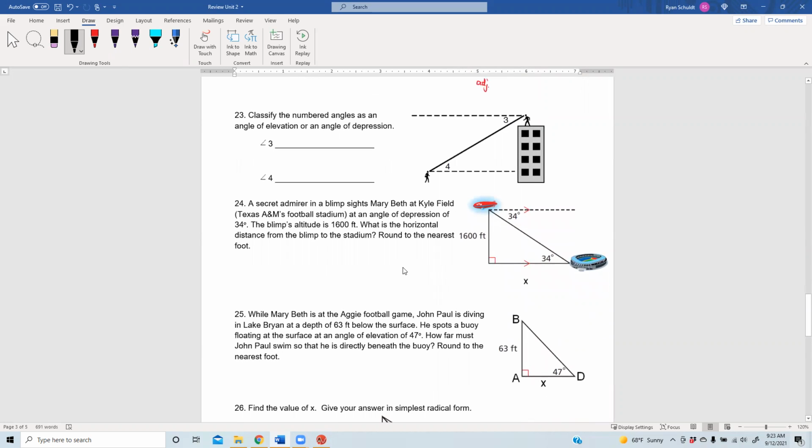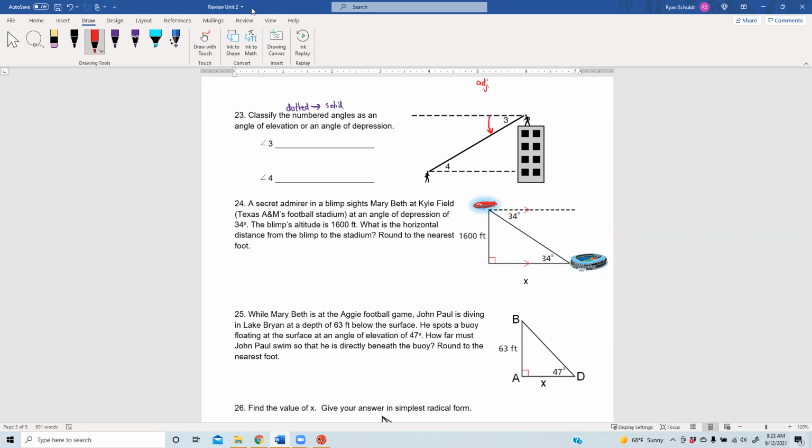And 23, classify the numbered angles as an angle of elevation or an angle of depression. Remember, on these, you want to go from the dotted to solid. So you go from dotted to solid. So angle 3, he's looking down.